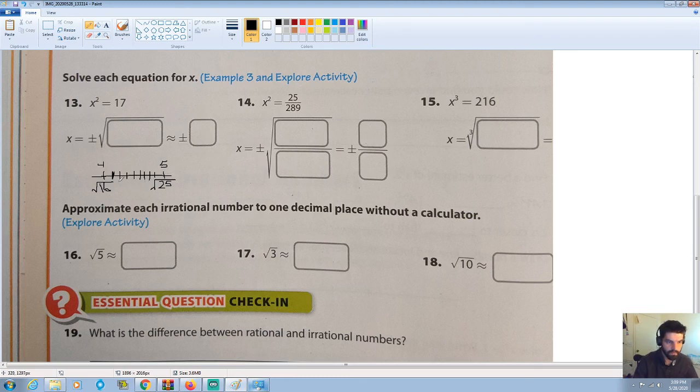So we're going to have 4, so this is going to tell us that the square root of 17 is going to be plus or minus, and the reason for that is because whenever we take a square root, if you square both a positive and a negative number, it will equal a positive number. So we want to account for those two possibilities, because a negative times a negative is a positive, so that's very important to keep in mind.